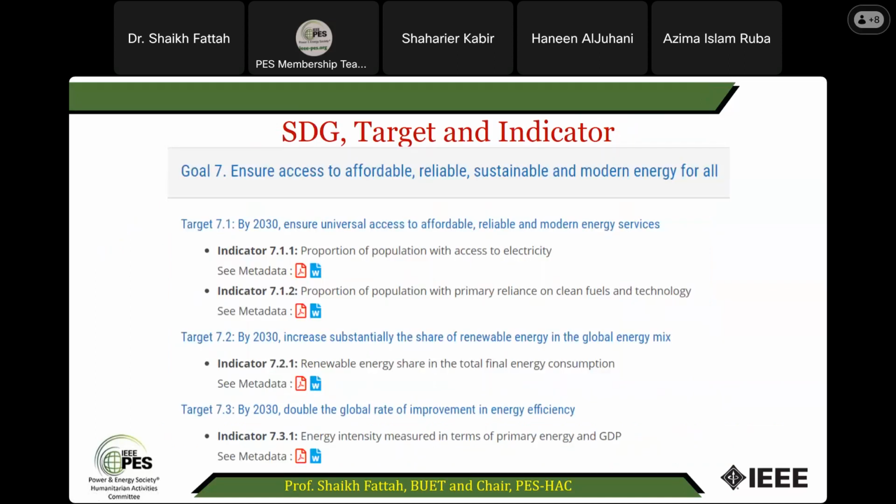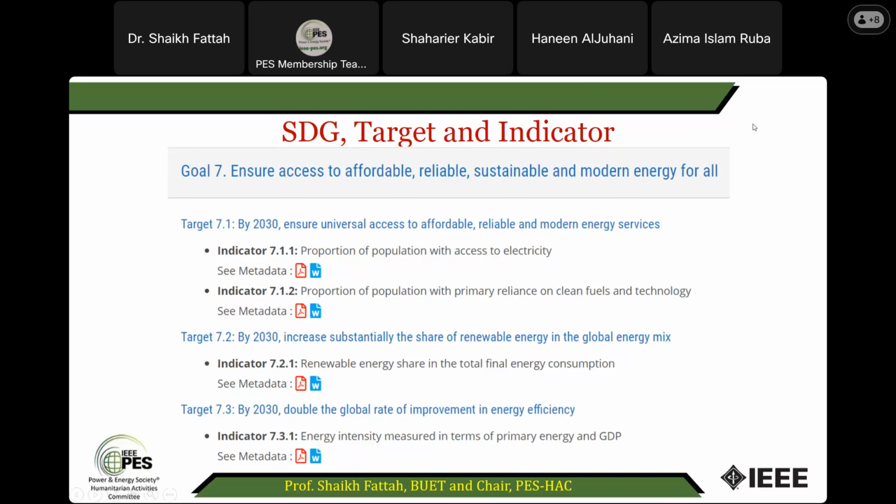The important thing is that there is a clear description, for each SDG, of what your target is and what your indicator is. I'm just giving you one example: goal number 7, SDG 7, affordable energy. If we read the exact words: ensure access to affordable, reliable, sustainable, and modern energy.